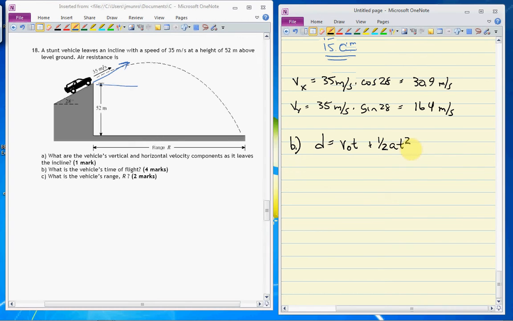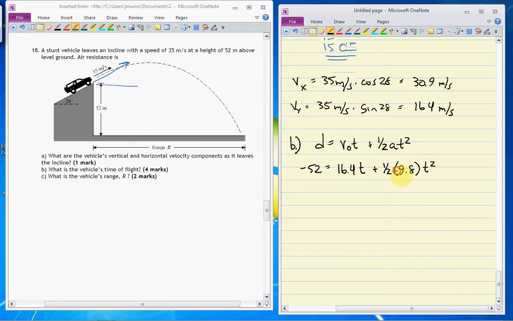If you notice, we want t, but it's in two places, and so that's why we need the quadratic formula. When we set this up, we get negative 52 is equal to v naught. Remember, this is v naught in the y direction, so the 16.4 is used here, and 1/2 a is 9.8, and t is squared.